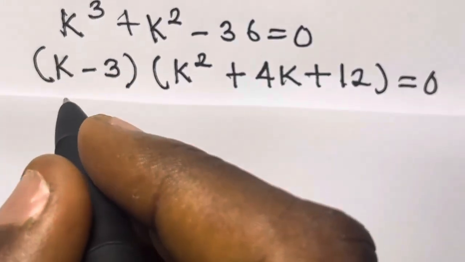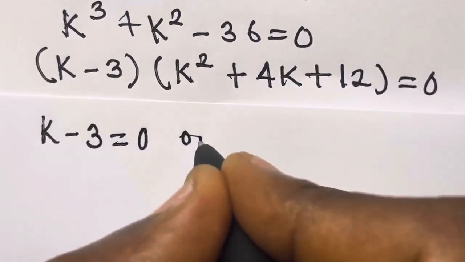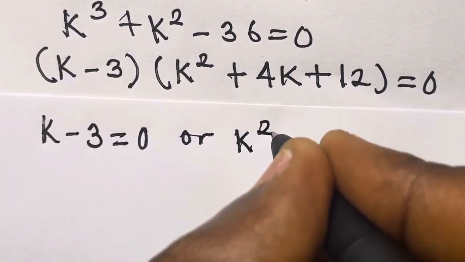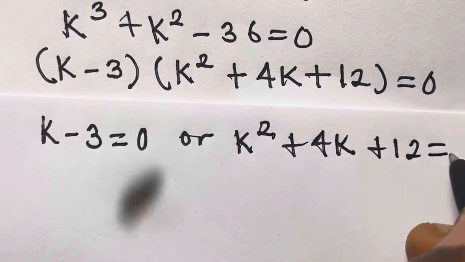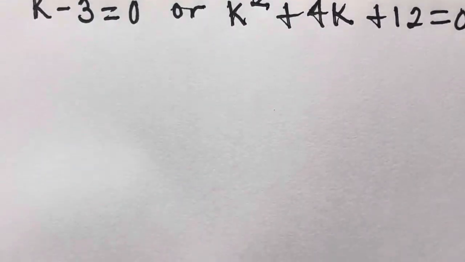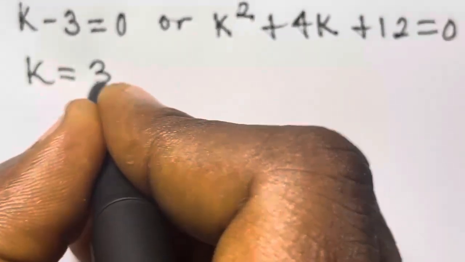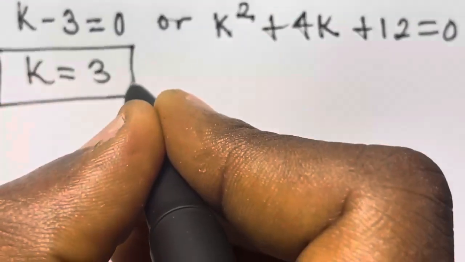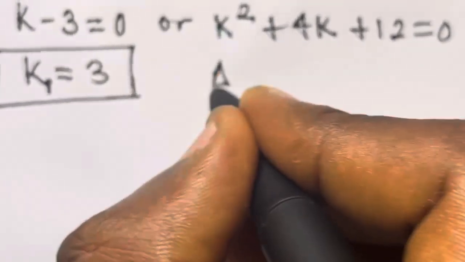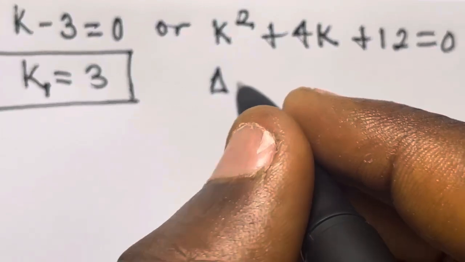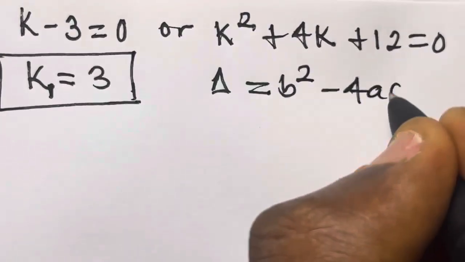This implies that k minus 3 equals 0, or k square plus 4k plus 12 equals 0. From here we have k equals 3. This is one solution, and you can name this k1. Now let's see this: we know delta equals b squared minus 4ac.